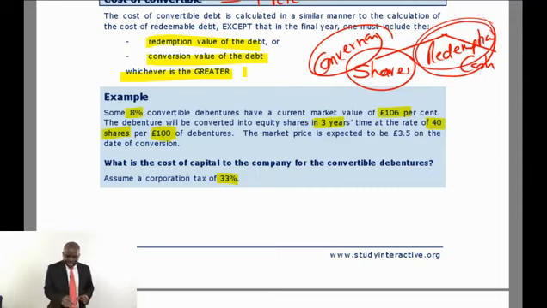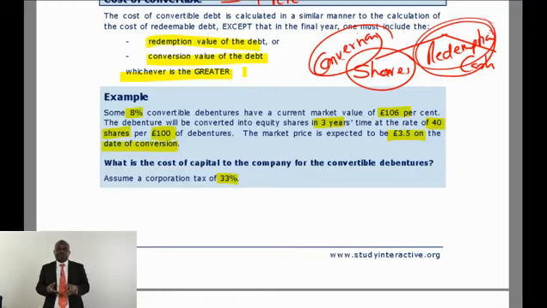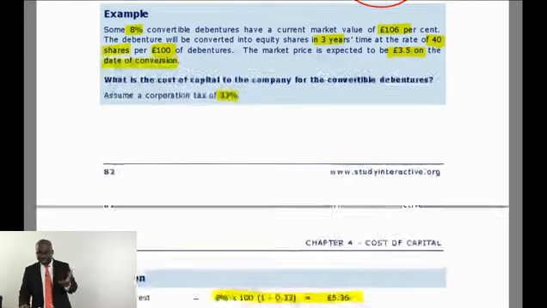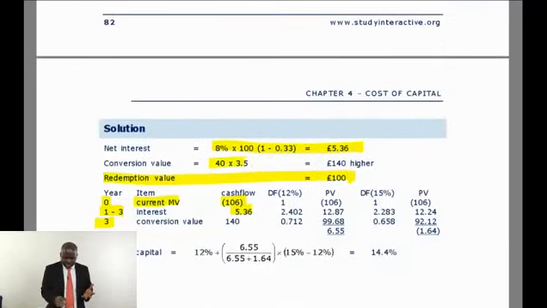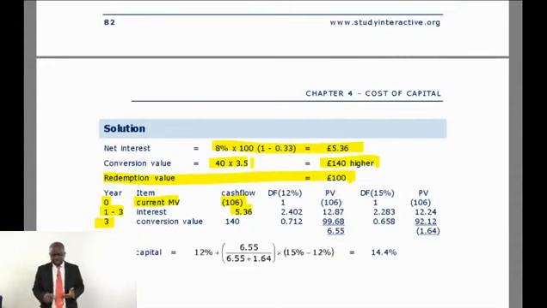Question told me date of conversion, the market price of the share is 3.5. So if on the day I am converting, each share is at the price of 3.5 and I'm going to get 40 shares, what will be the value of the 40 shares? That's why they did the 40 multiplied by the 3.5 to give you the 140.